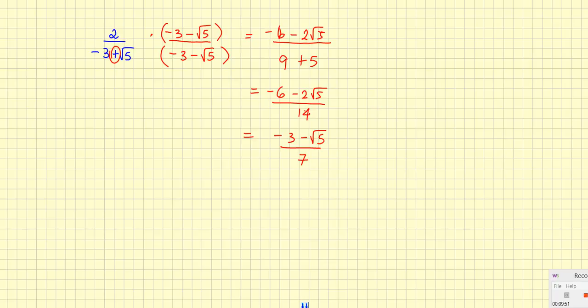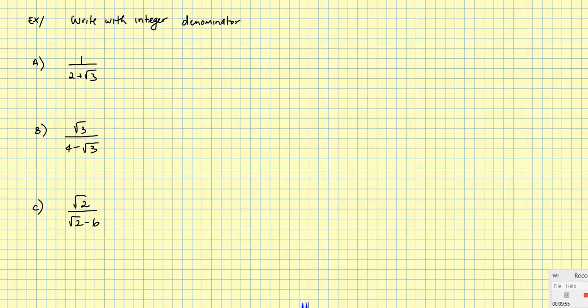Okay. Let's try a couple of other examples. So we have a couple more examples here with 1 over 2 plus root 3. If I need to have an integer denominator, that means that I want to get rid of the denominator with the square root in it. So I will multiply top and bottom by 2 minus root 3 over 2 minus root 3.